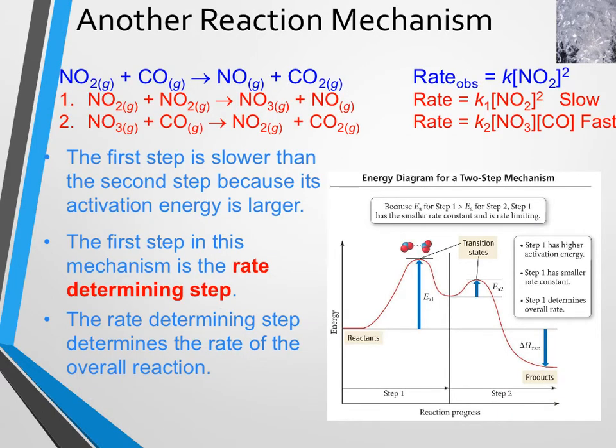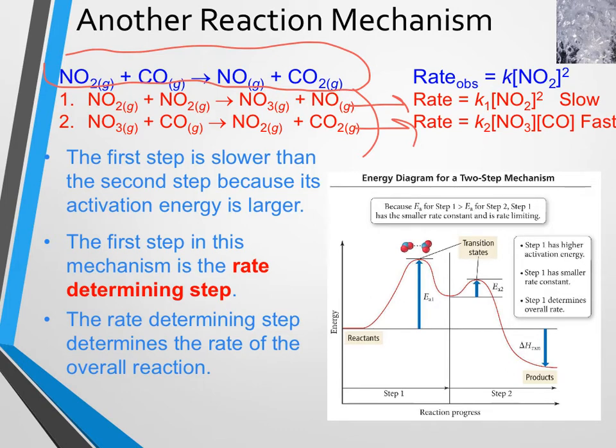There is a lot of information in this slide, so I'm going to go methodically and slowly through it. In blue at the top is the overall balanced reaction. In red below that is the mechanism, the stepwise elementary steps. And to the right of them are the rate laws, the differential rate laws that you can write for each of the elementary steps.